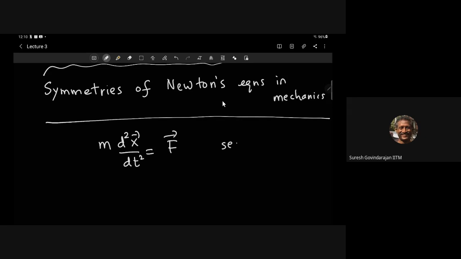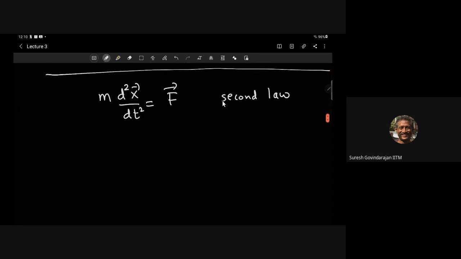Okay, so this is the second law. Of course, the first law is for when there are no forces. So we will define.